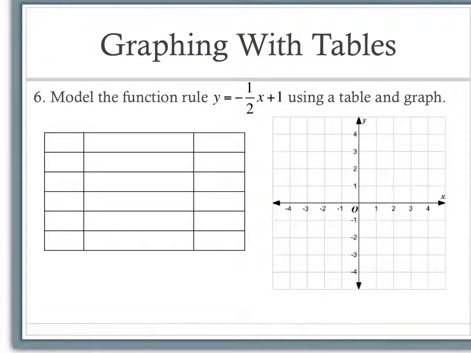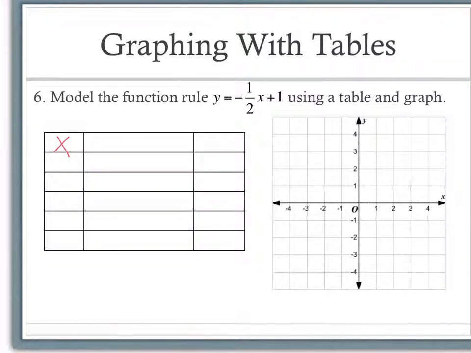The last thing we'll look at in this lesson will be graphing linear equations using tables. So it says in number 6 to model the function rule y equals -1/2 x plus 1 using a table and graph. So you're provided the table and the graph. A few things first. We are going to have some x values.